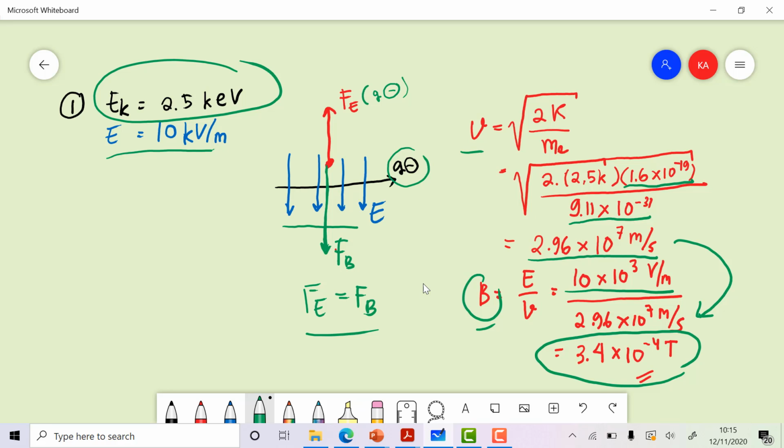Now, in what direction should B point so that it generates the magnetic force in the y negative direction? We have to use the right hand rule. The velocity of the electron is negative, in x positive. If you remember the previous class, to use the right hand rule we have to use the positive charge.